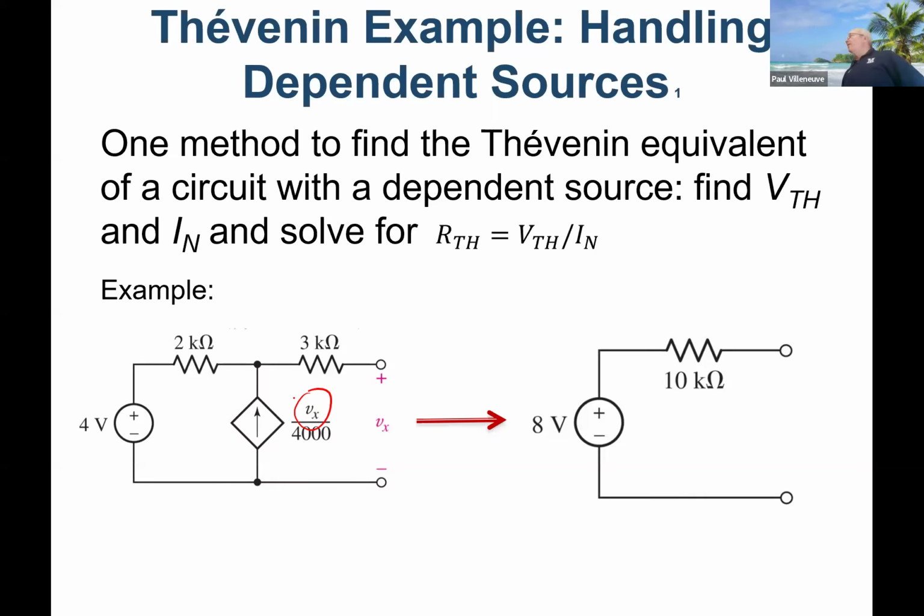So I can solve this circuit first for V Thevenin, solve it for I Norton, and then my R Thevenin is just going to be the division of those two, right? So when you have dependent sources in your system, you can't turn those off. So there's no way to solve for R equivalent by doing series-parallel combinations, right? So if you can't turn one of the power supplies off because of the dependent source, you've got to do that approach. So this is the first one where we have such a case.